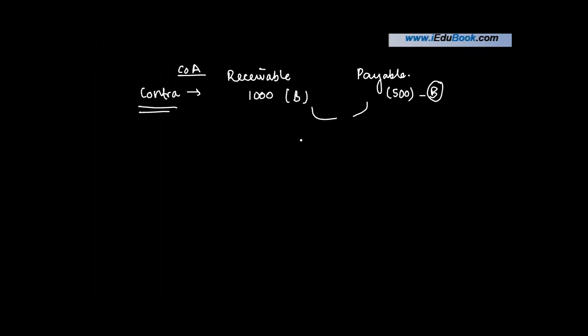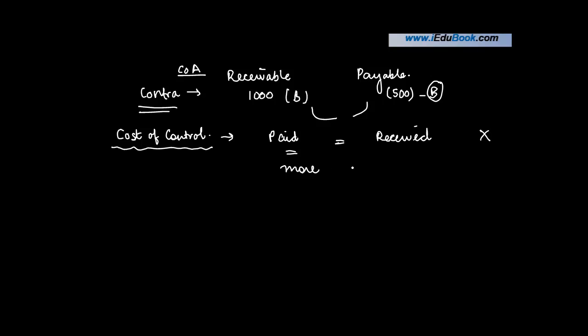But what I do with this investment is that I need to compute my cost of control. Now you must be wondering, what is this cost of control? Cost of control in simple layman terms means what I paid and what I received. If both of them are equal, there is no cost of control, right? But if I paid more than what I received, why would I pay for something more?